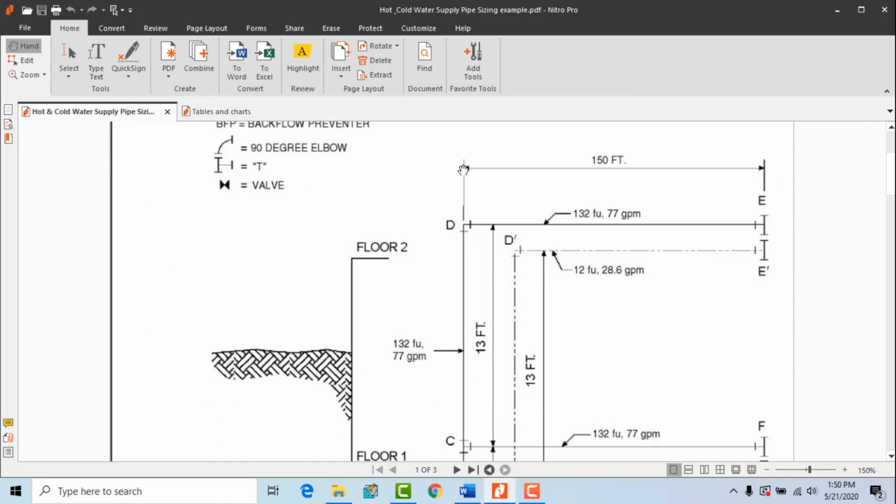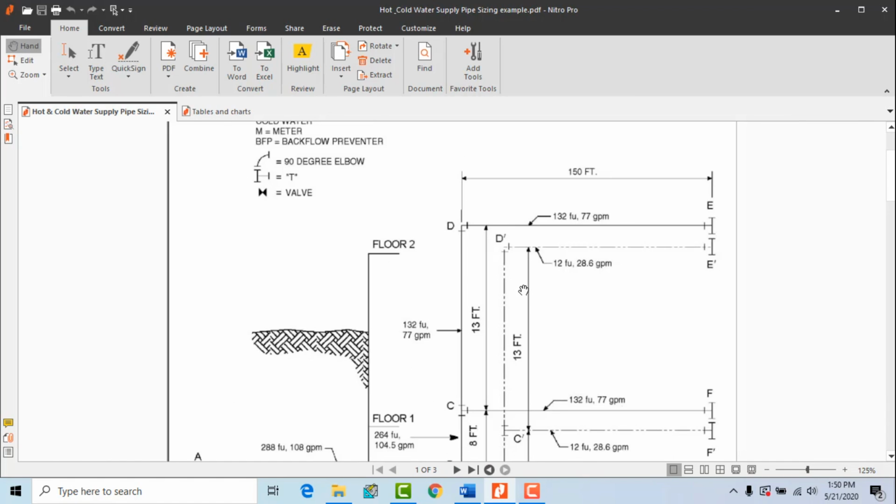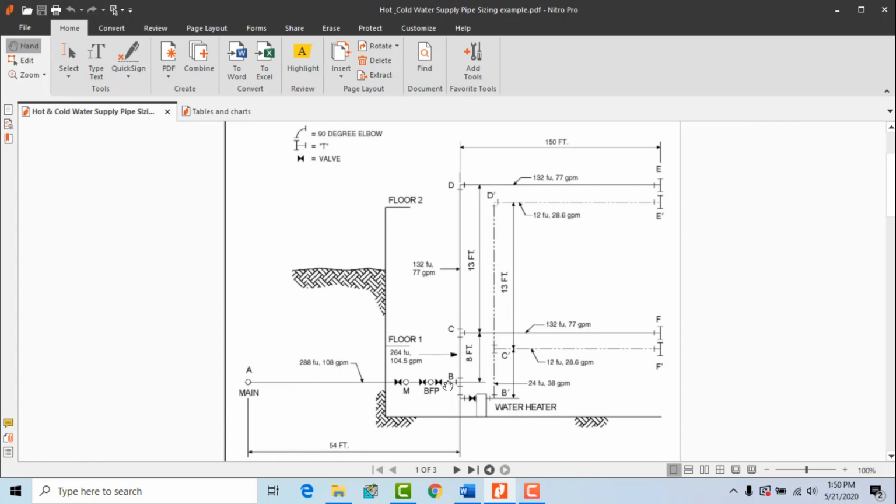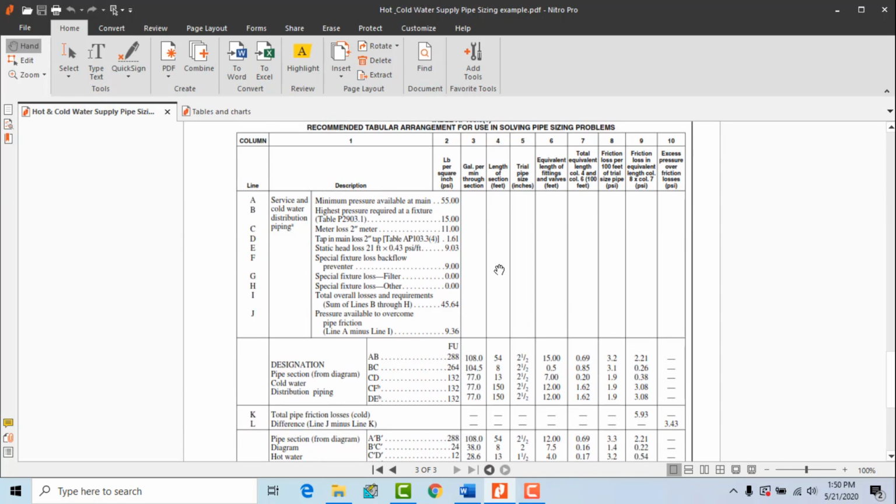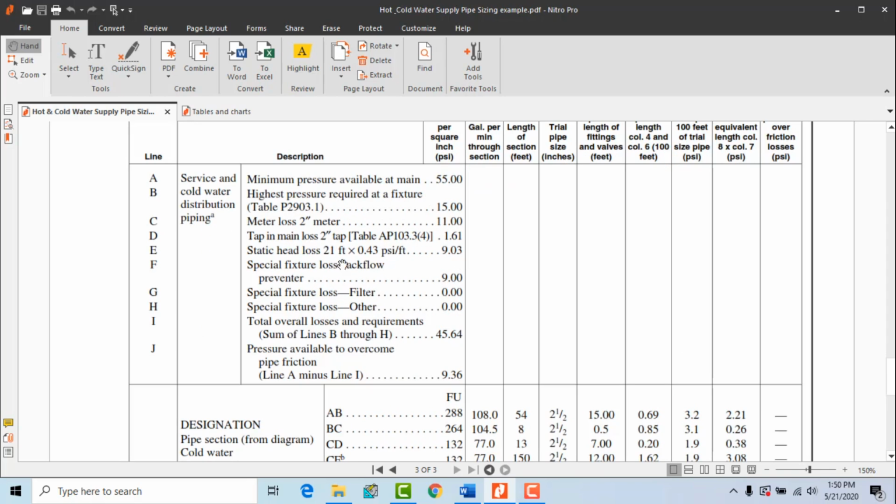Static head loss is due to the change in elevation. From the street main to the highest fixture the elevation difference is 21 feet, so we got a static head loss of 21 feet.